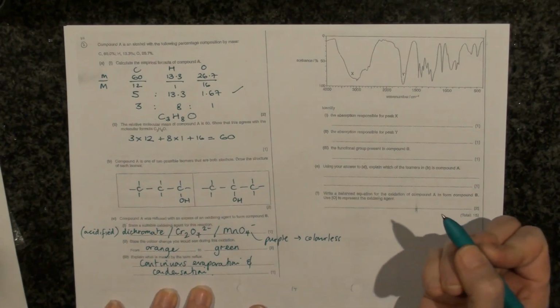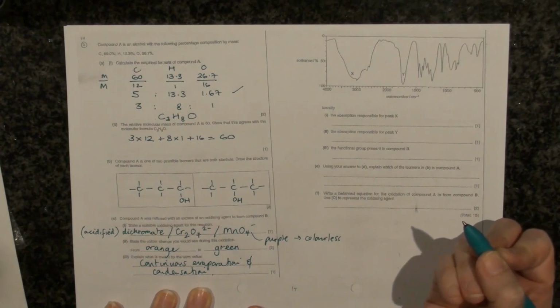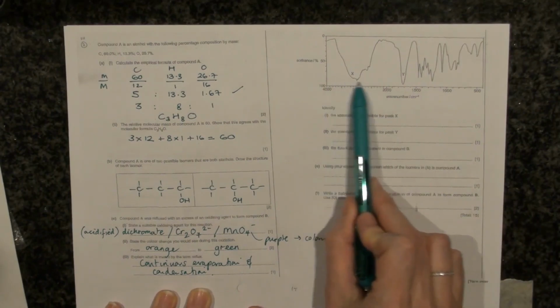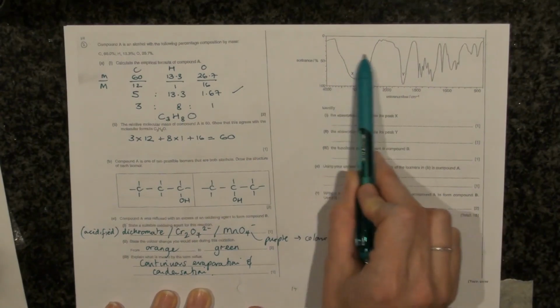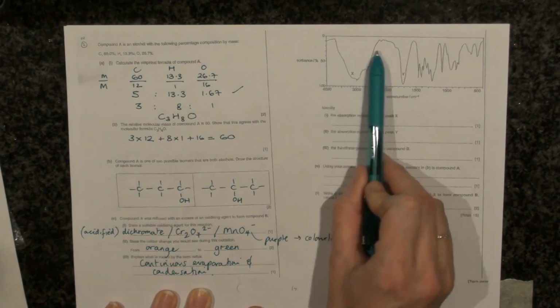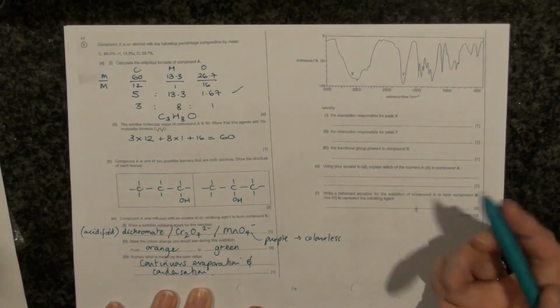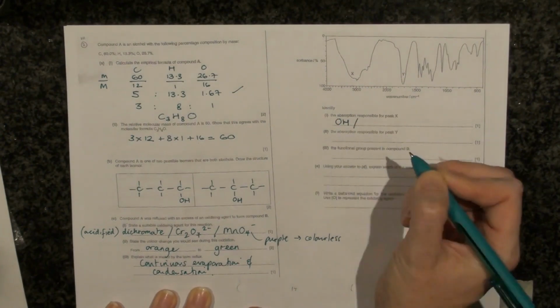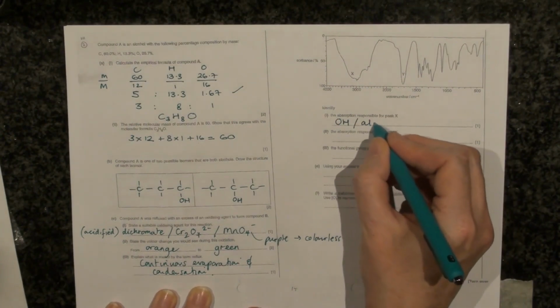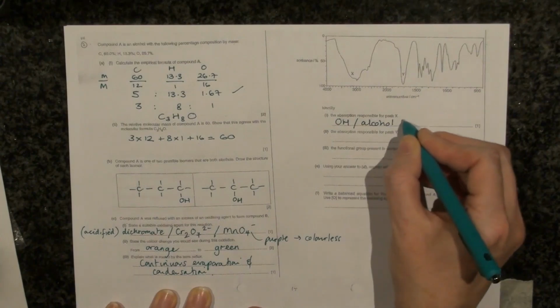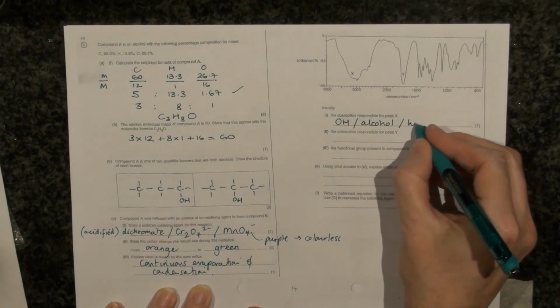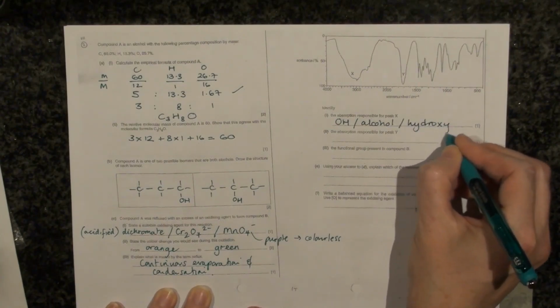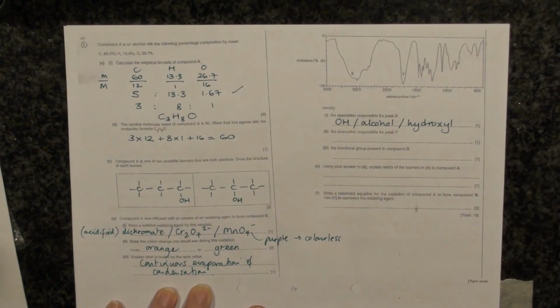And the answer to that, if you use your data sheet, because it's way up in around the 3000 mark and it's really broad across there, the absorption peak is for an OH. You can either say OH, or you could say alcohol, or you could say hydroxyl. Any of those would pick you up the mark in this case.